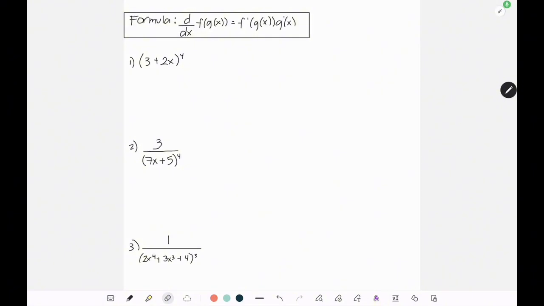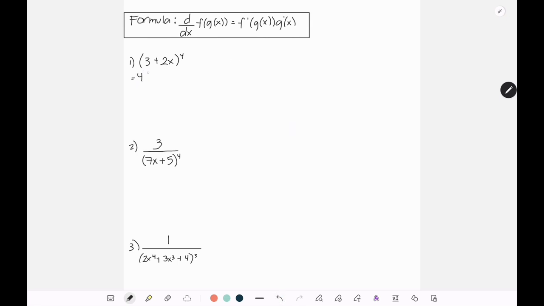Now let us have an example for chain rule. So by using our formula, so this is our formula for chain rule. So let us have an example. In number 1, we have 3 plus 2x raised to 4. So first thing to do, ang exponent natin, lalagay natin siya dito sa unahan.